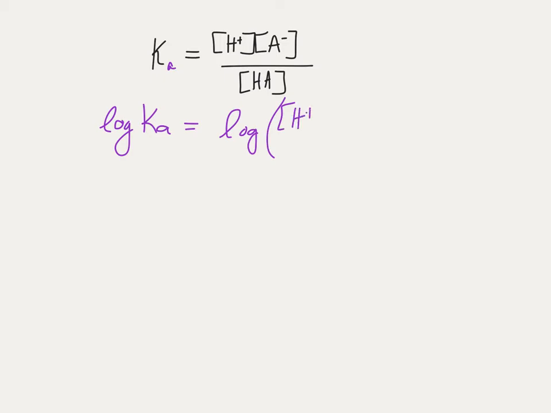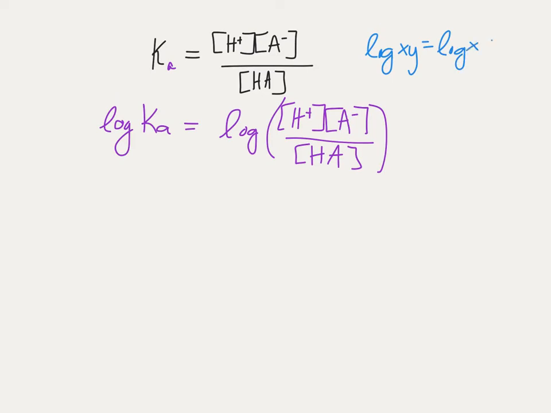For example, I recognize that log of H+ has a little bit something to do with our pH definition. So I'm going to rearrange my logs here using some really cool log rules. If I remember correctly from algebra class when I was a kid, if you have the log of two things that are multiplying each other, that really means the log of x plus the log of y.